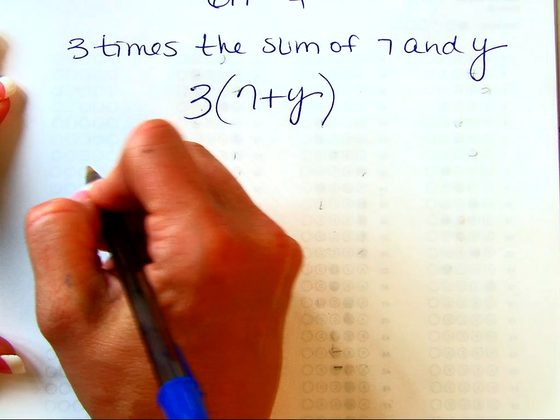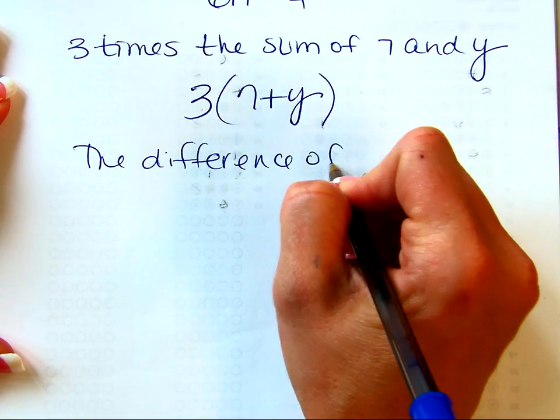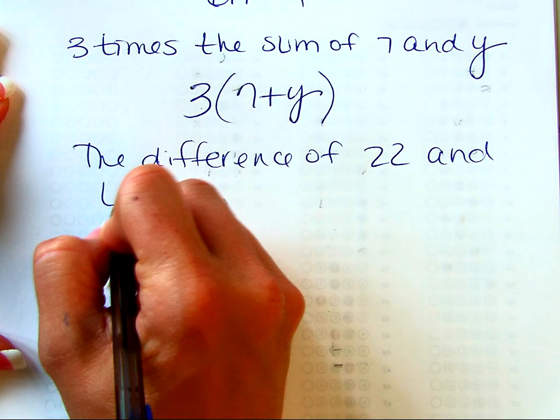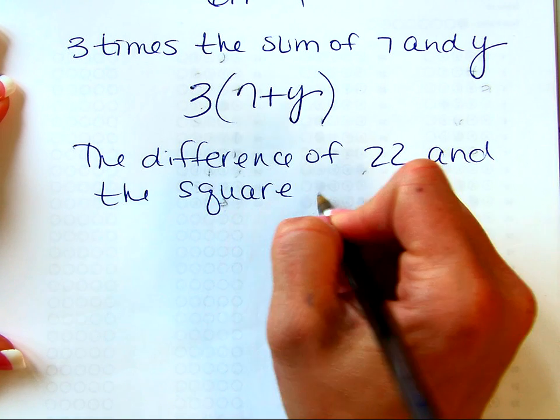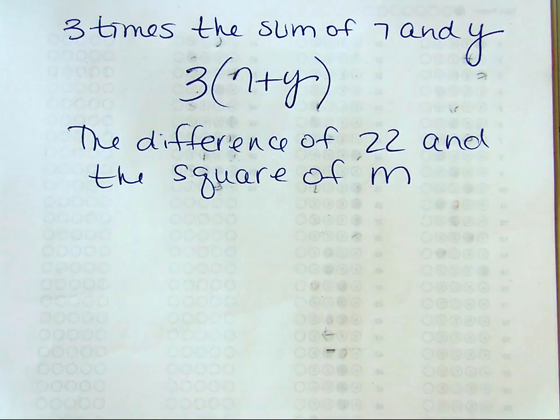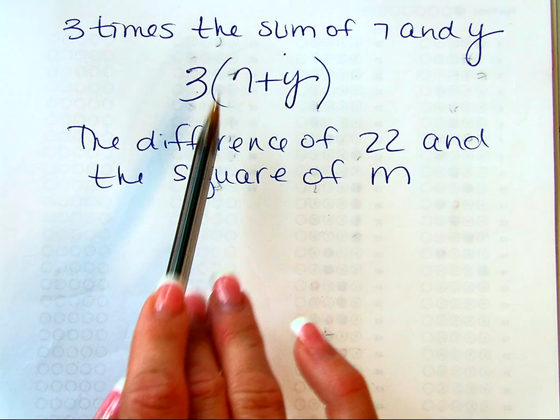How about this one? The difference of 22 and the square of m. A little bit of writing this time. The difference of 22 and the square of m. And remember what I said about sum. When it says just sum and difference, you got to go with the order that it's given.